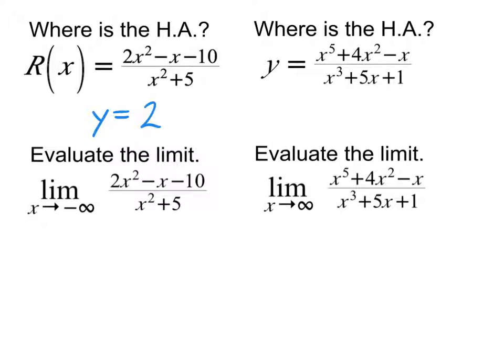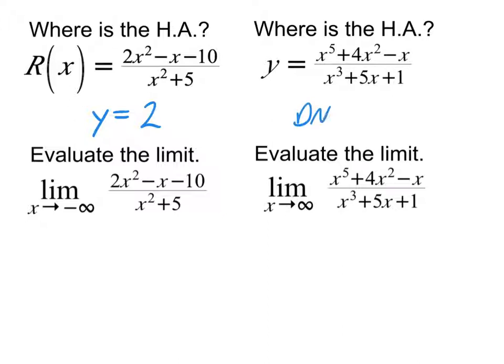Let's go ahead and grab our other horizontal asymptote, then we'll worry about our limits. So for the second one, over here again, I'm looking at the two terms that have the biggest exponents. So is this one top heavy, bottom heavy, or balanced? Top heavy, because the exponent on the top is bigger than the exponent on the bottom. All right, if it is top heavy, does it have a horizontal asymptote? No, it does not.